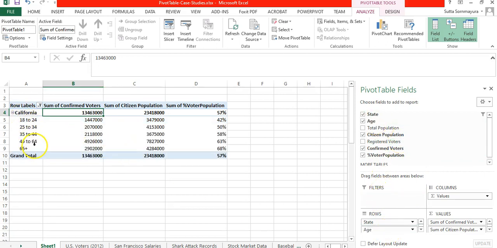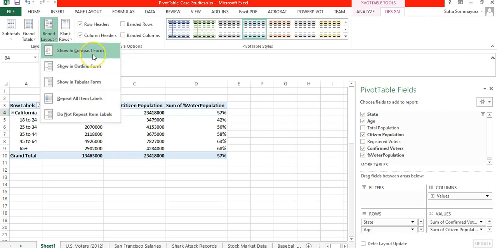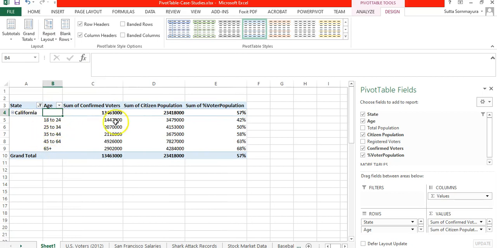You can have all of the ages in California, right? So in this case, you can use the outline form to break down into another column. Okay, and now you want to know that this amount is how many percent, right?